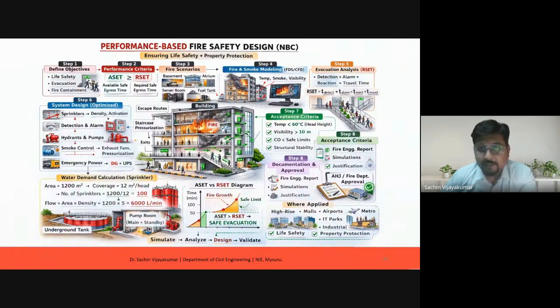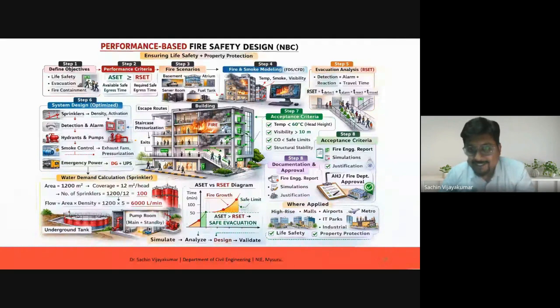After defining that, we have to create a model. We have to create the model of the building and create all the fire scenarios. This is step 3: all the possible fire scenarios inside. Under these fire scenarios, at what temperature will the heat sensors, or the smoke sensors, or any of the active systems capture the fire?